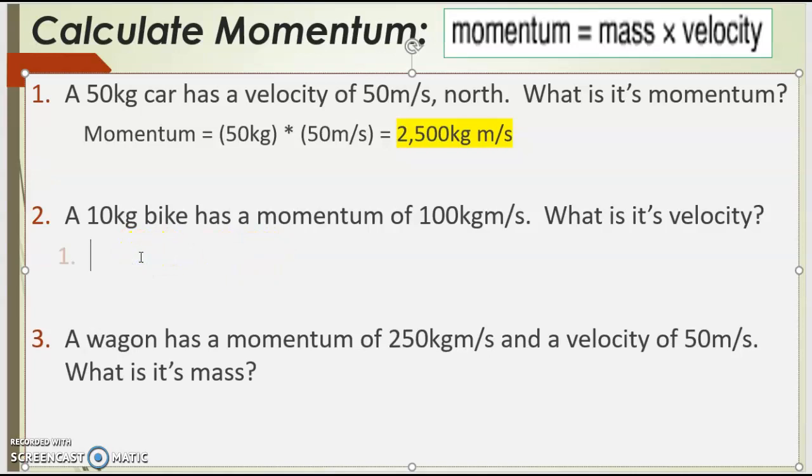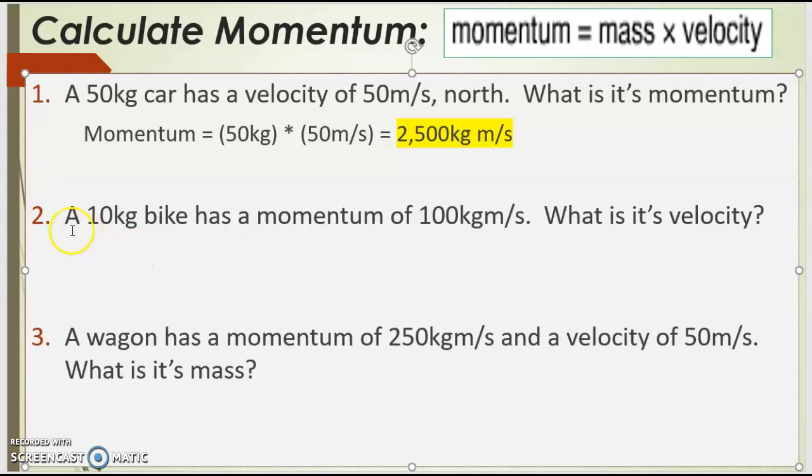Okay, so this second question: a 10 kilogram bike has a momentum of 100 kilograms meters per second. What is the velocity? We know that momentum, which in this case is 100 kilograms meters per second, is equal to mass, in this case 10 kilograms, times velocity, which we don't know.